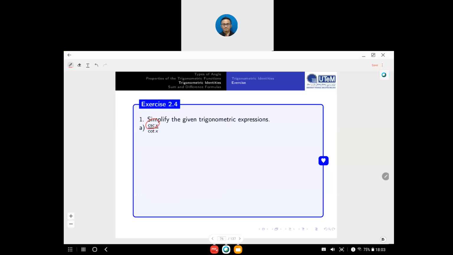What is cot x? We know that cosecant is 1 over sine x. And then cot is 1 over tangent. Tangent is sine over cos, but 1 over, so that's why it becomes cos x over sin x. That is what you have to understand: how do we get cos x over sin x? Because it comes from 1 over tangent x. Why did I change to cos and sin? Because the top is in terms of sin, so like it or not you have to change. If you use tangent you cannot solve.